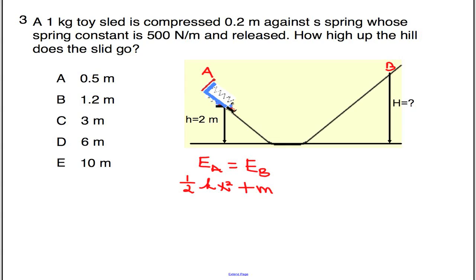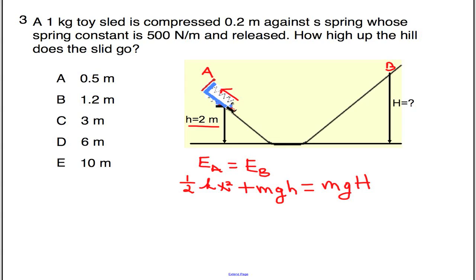This is the total energy at point A: 1/2 kx squared due to the spring being compressed here, and mgh, this is h, due to the height. At point B, it only has one type of energy, mg times, that's capital H. That's a different height than the first height.